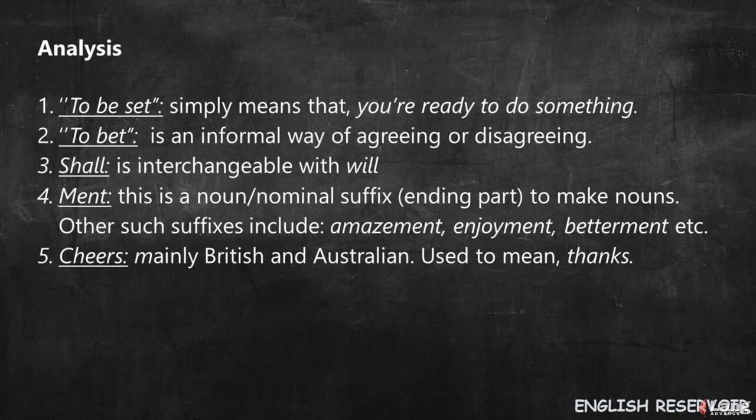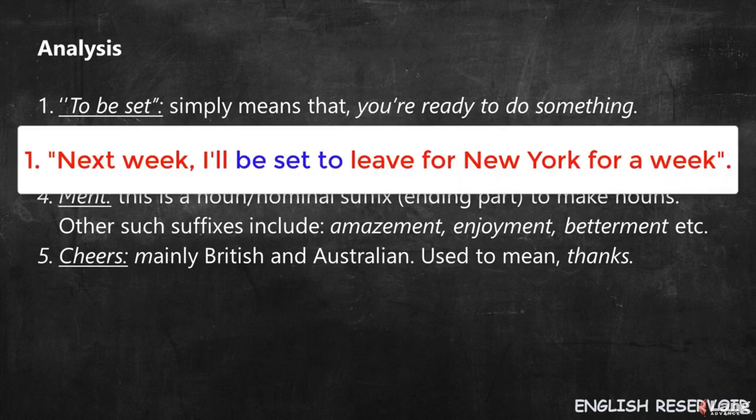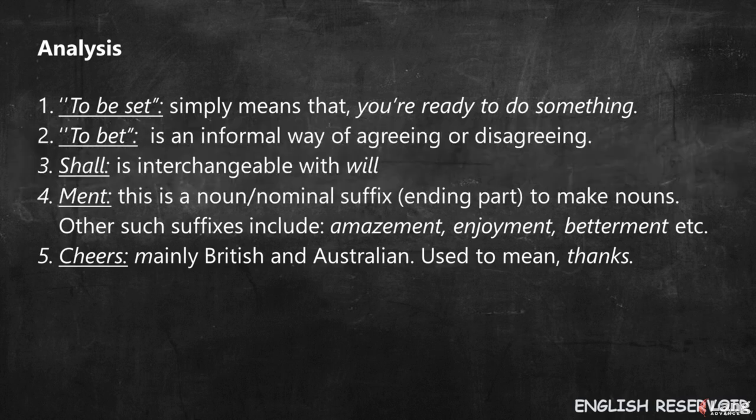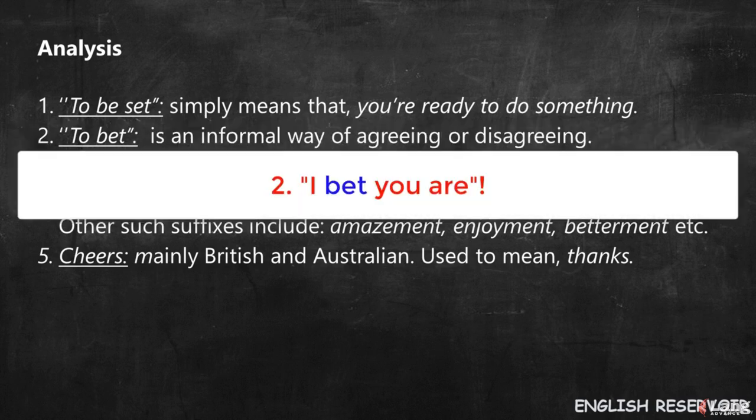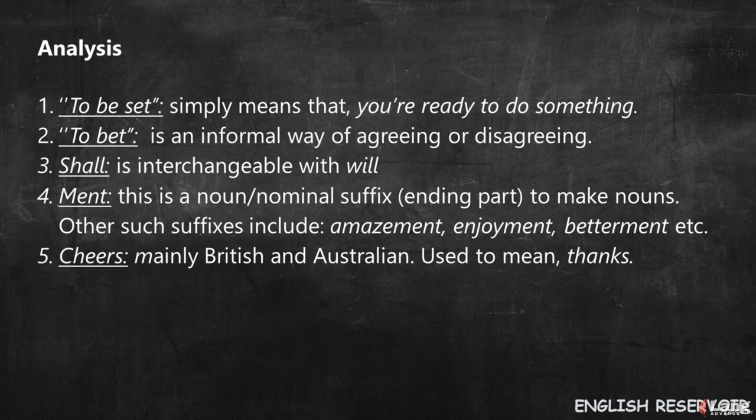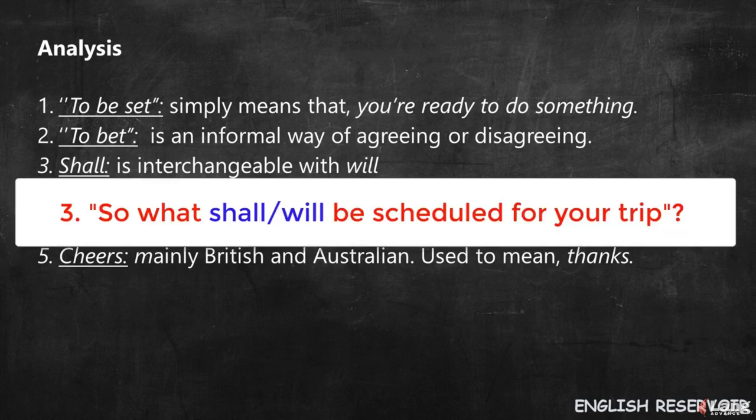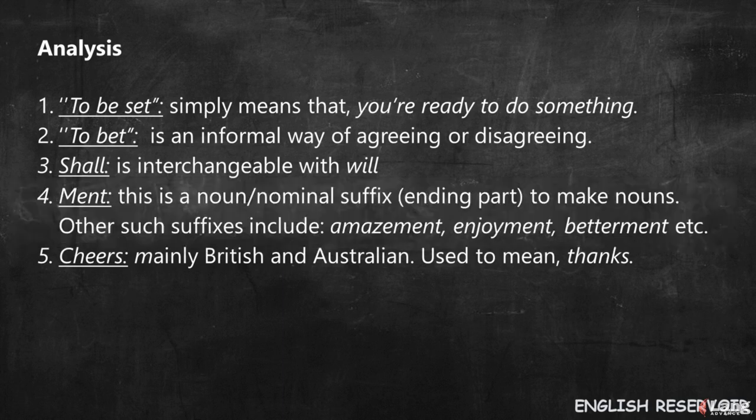Analysis. 1. To be set simply means that you're ready to do something. 2. To bet is an informal way of agreeing or disagreeing. 3. Shall is interchangeable with will. 4.